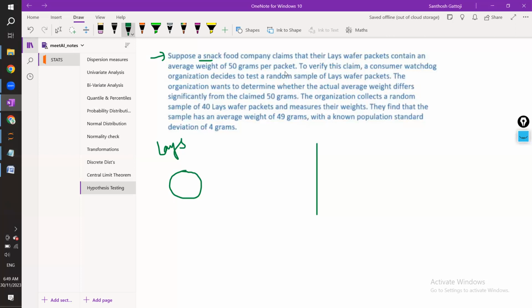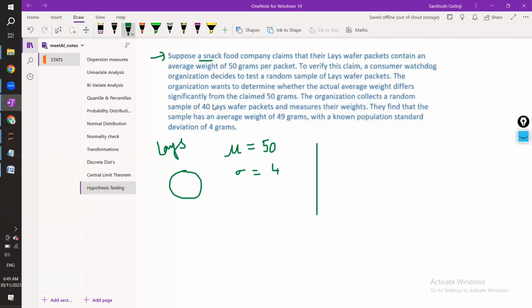That's the point. So here, first of all, what was the mean? The mean is 50, because the population average they are saying is 50. And what is the population standard deviation? 4 grams. Population standard deviation equal to 4. And coming to sample, how many samples are they taking?